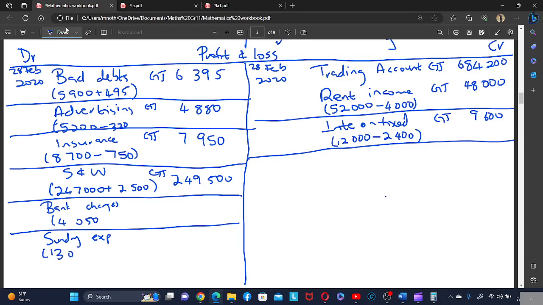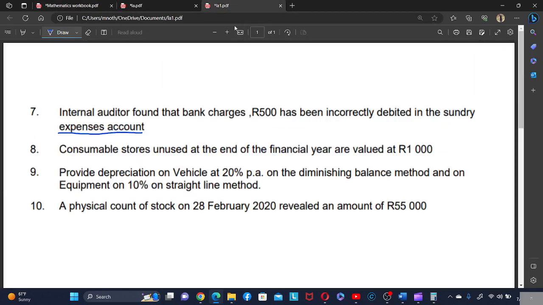Now let's go back to that transaction. The transaction is saying that an internal auditor found that the bank charges of 500 Rand has been incorrectly debited in the sundry expenses. So sundry expenses, expense, right? What happens to the expenses on the debit side? They are increasing, right? So it means that this 500 Rand increased the sundry expenses, while it is for the bank charges.